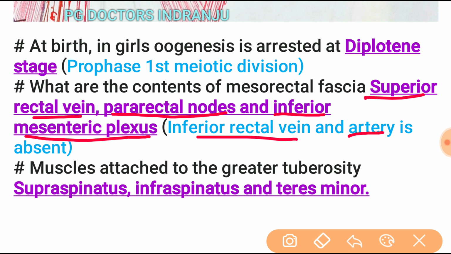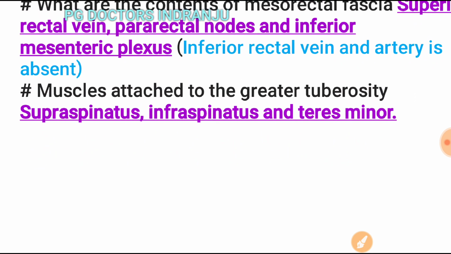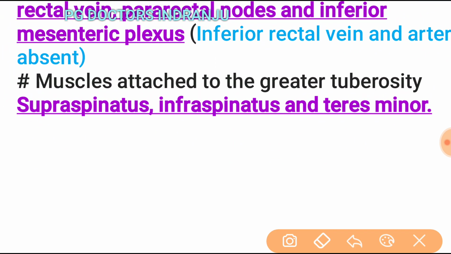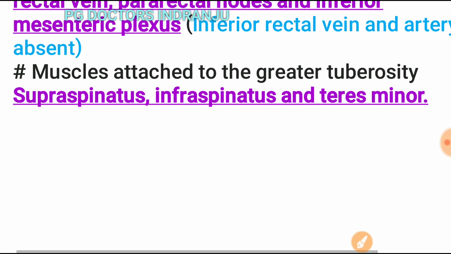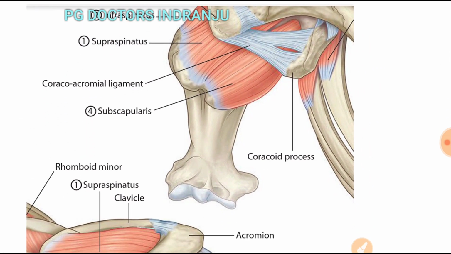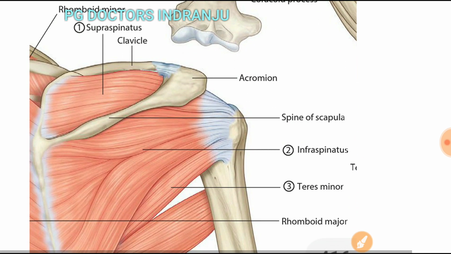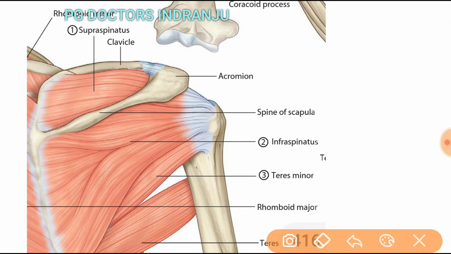Next is the muscles attached to the greater tuberosity of the humerus. If you look at this image, this is the greater tuberosity of the humerus, and there is attachment of the supraspinatus and infraspinatus.